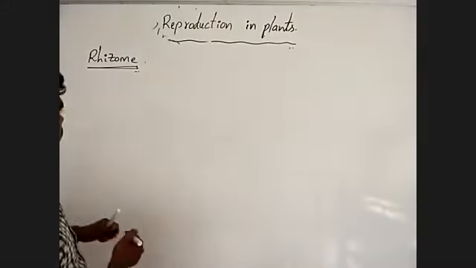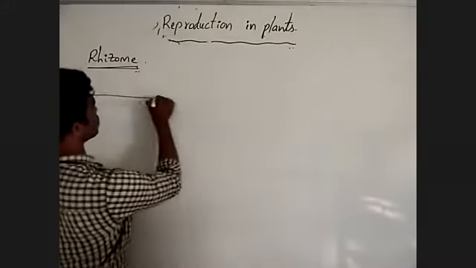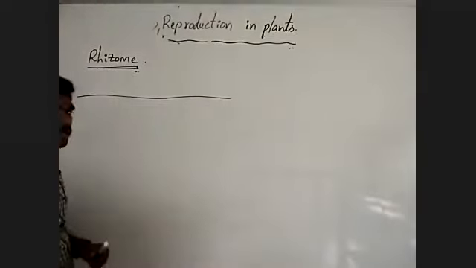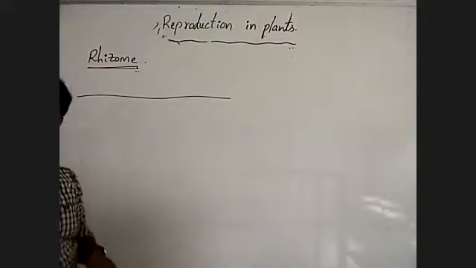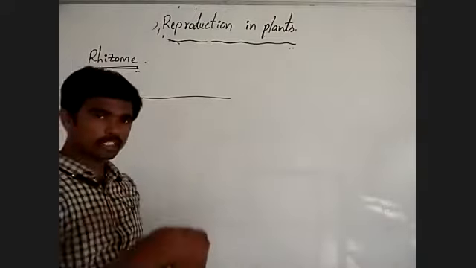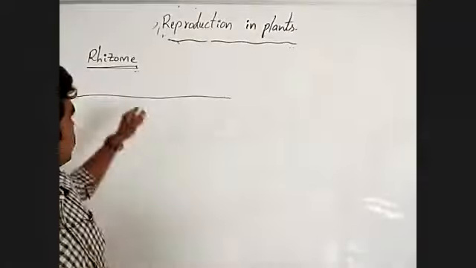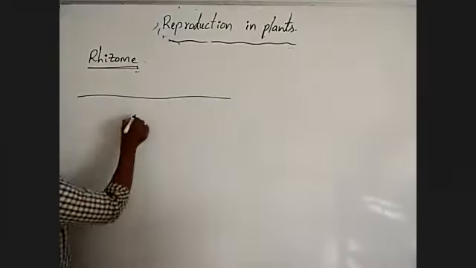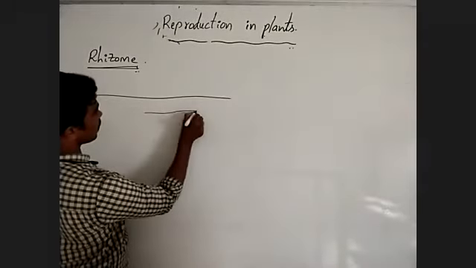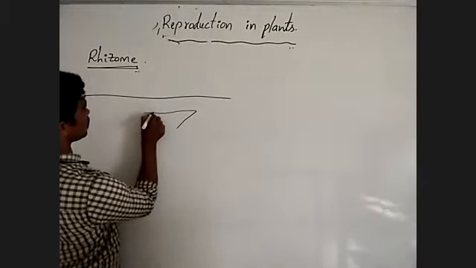It is also an underground stem, but corm grows vertically in the soil, whereas rhizomes grow horizontally under the soil.